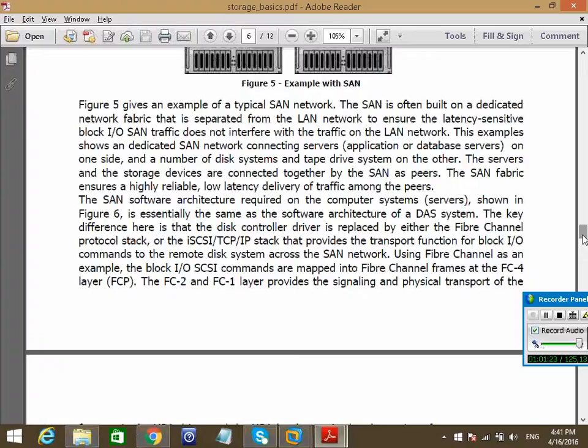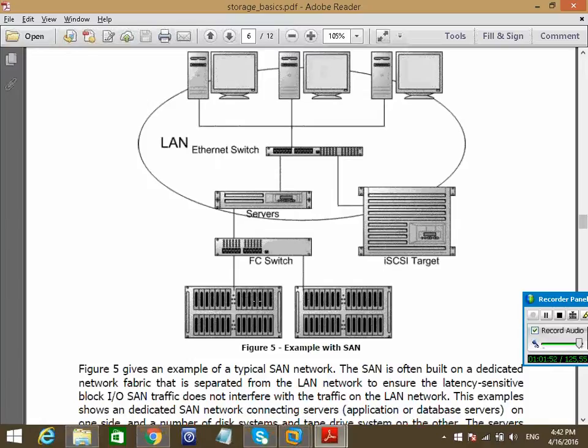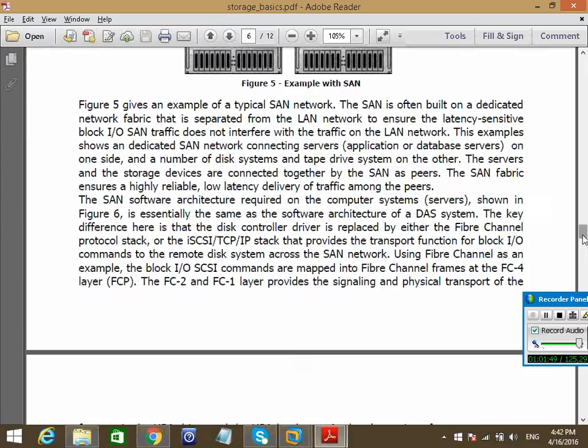And this host server will also have the HBA card that will connect to the SAN directly, because we have mapped the LUNs, or mapped the logical unit. To support the logical unit, this host should have the HBA card. This HBA card will connect to the fabric switch. The fabric switch will finally connect to the storage.